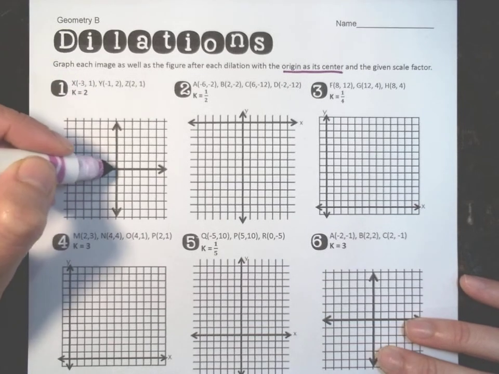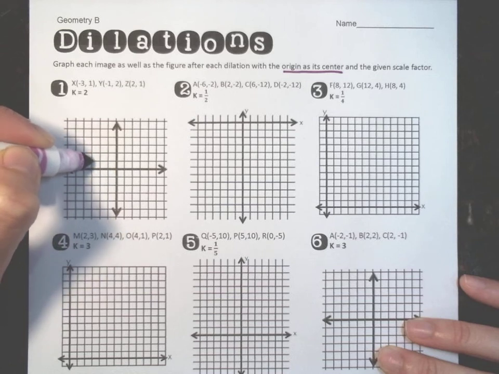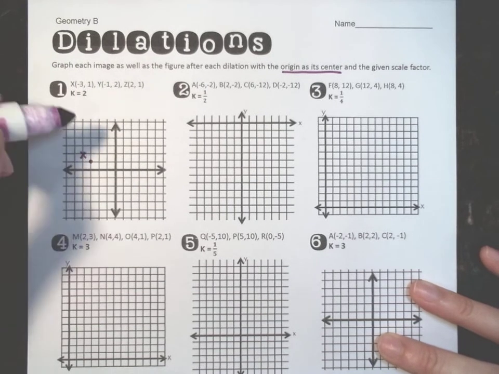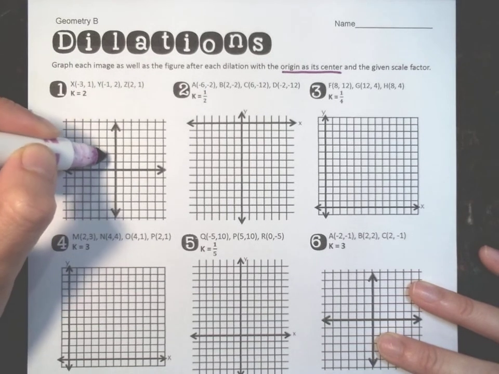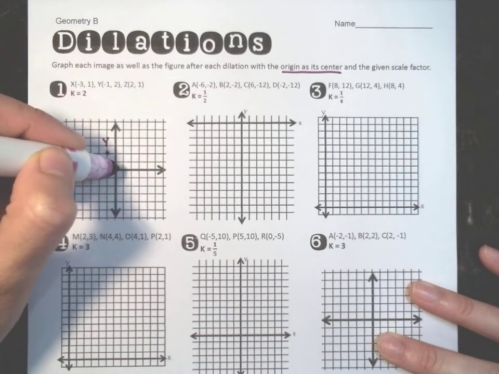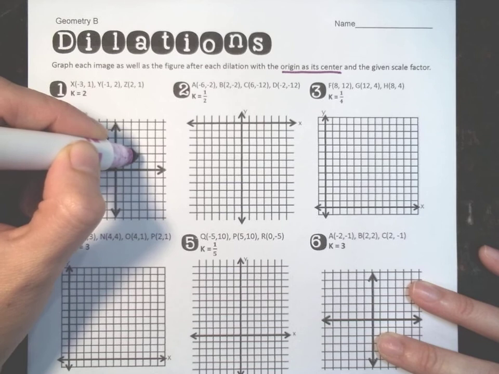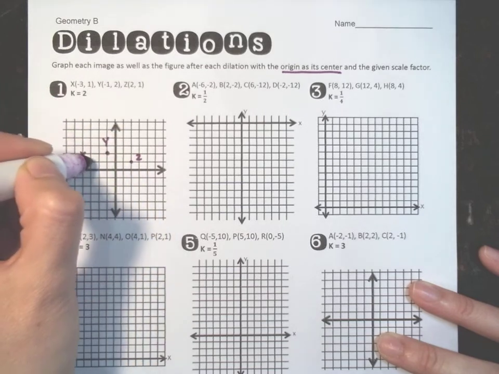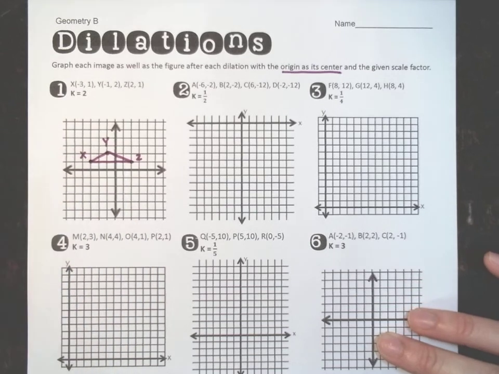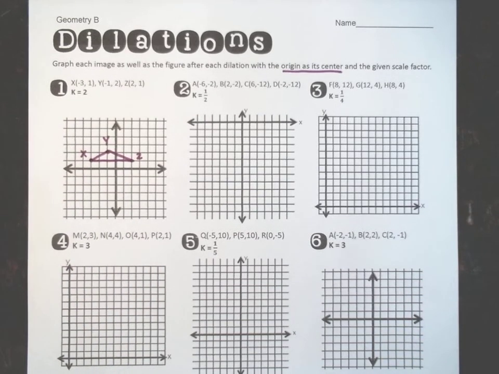So X is (-3, 1), Y is (-1, 2), and Z is (2, 1). Okay, so that's what we're starting with.